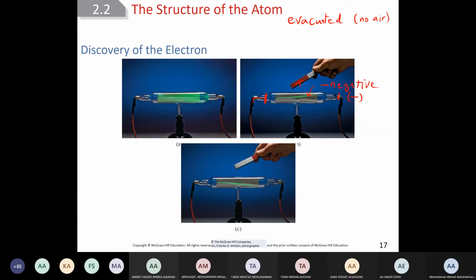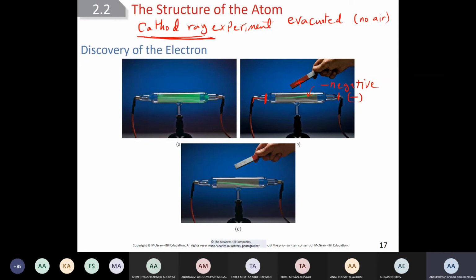Clear? This is called the cathode ray experiment. You must memorize the name.